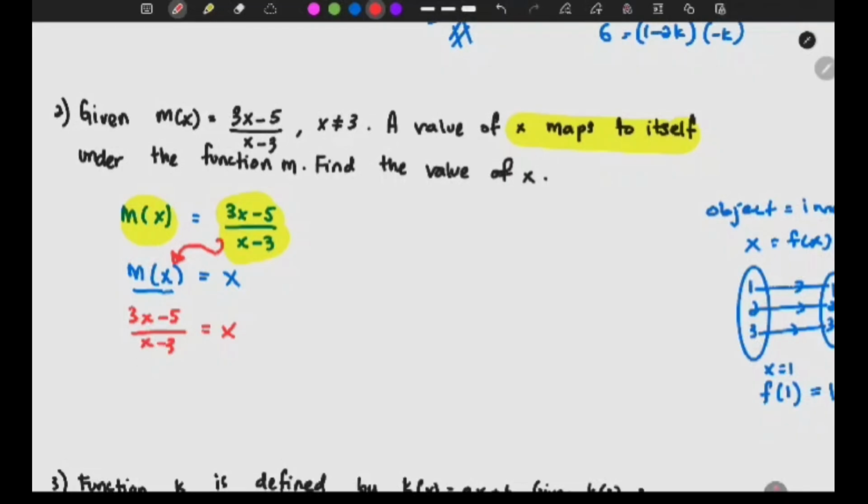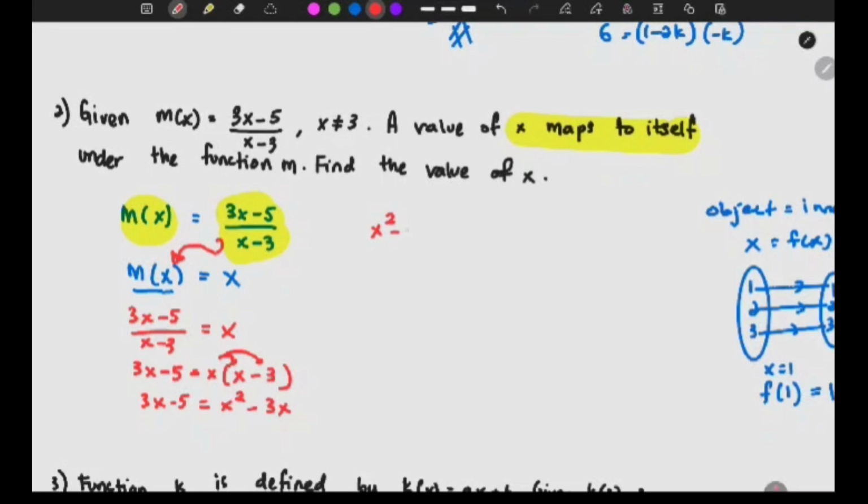Then bring everything to one side, make it equal to 0, because if you see a quadratic, then you have to make it equal to 0. So x squared minus 3x, and then 3x, bring this side, becomes minus 3x. Here is positive, bring here negative, and negative 5, bring here positive 5, and equals 0.